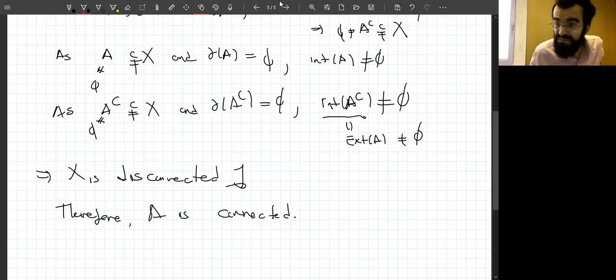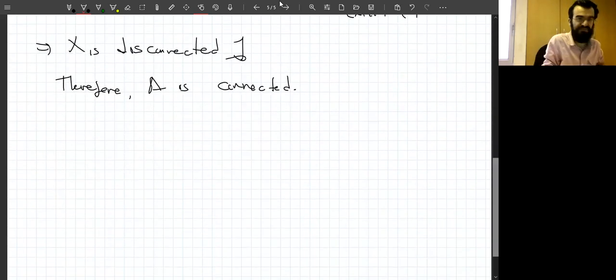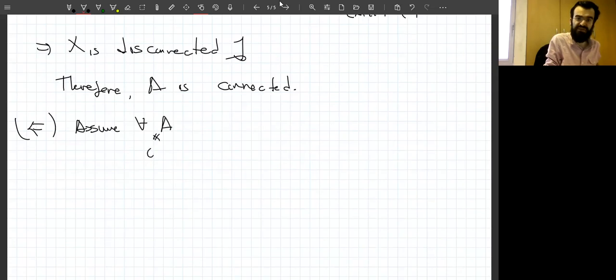Now, for the second implication, assume that for all A which is non-empty and properly contained in X, the boundary of A is non-empty.